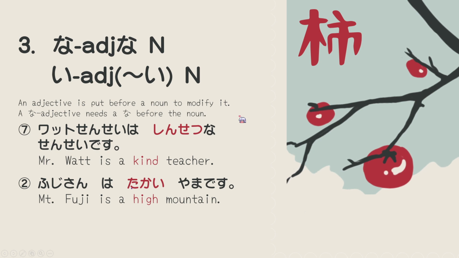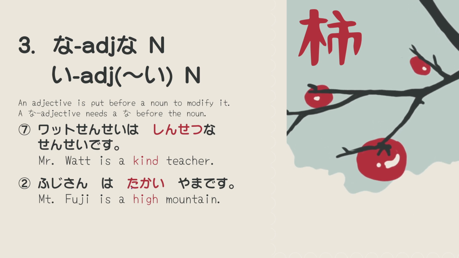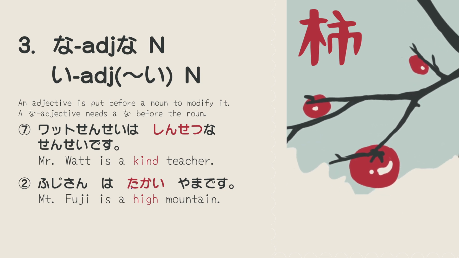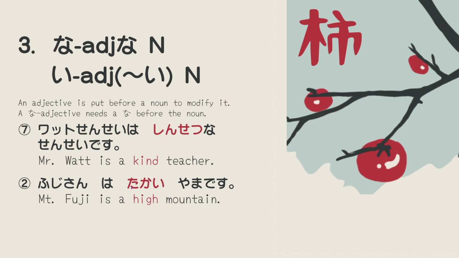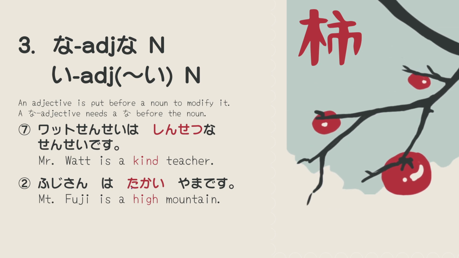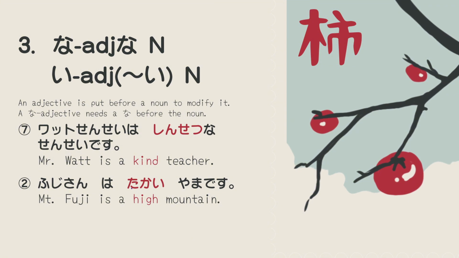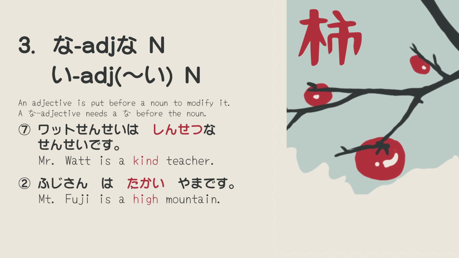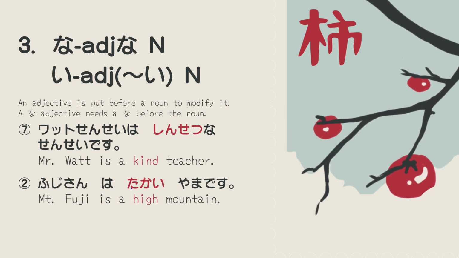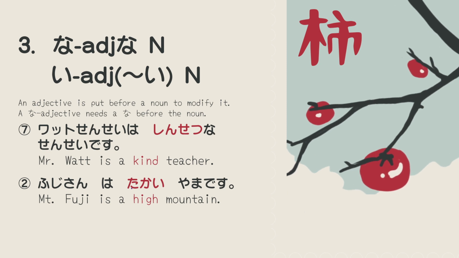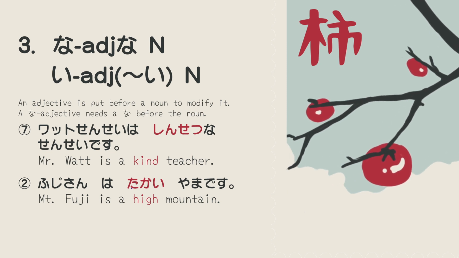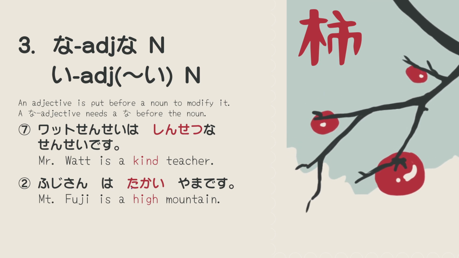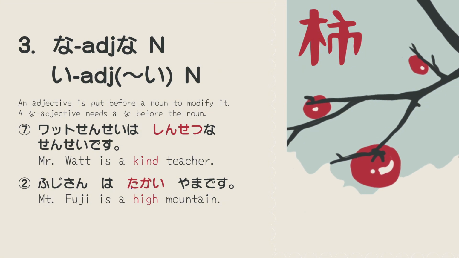And lastly, we have the usage of adjectives before a noun. We use na adjective with na if it is used before a noun, and e adjective with the e if it is used as a modifier, or followed by a noun. Now, if we want to make it negative, na adjective, na noun, ja arimasen.